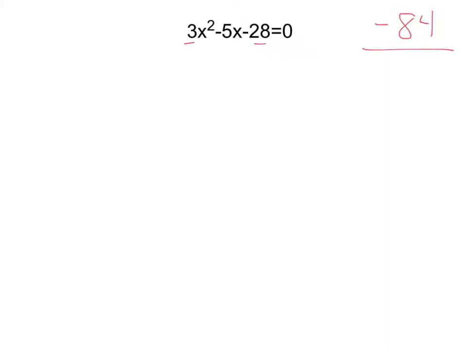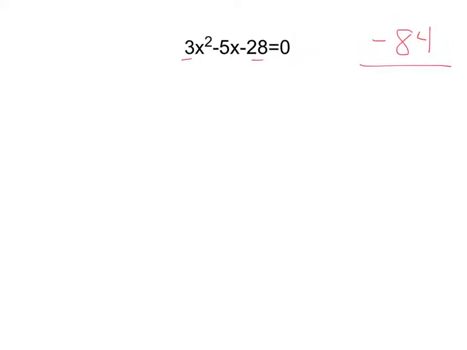Alrighty, so we take 84, and you can just divide by 1, 84. We know that our middle term is negative, so our bigger number has to be negative. Divide by 2, negative 42, and so we're going to have to go a long ways to get to 5. So if we keep going, we have 6 and negative 14.